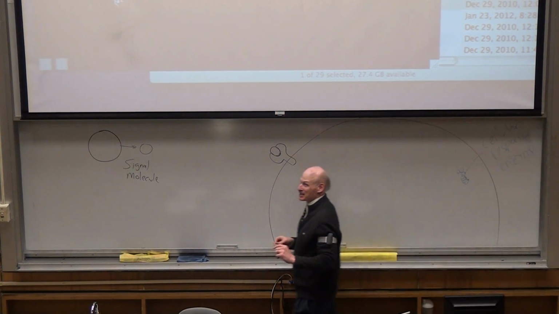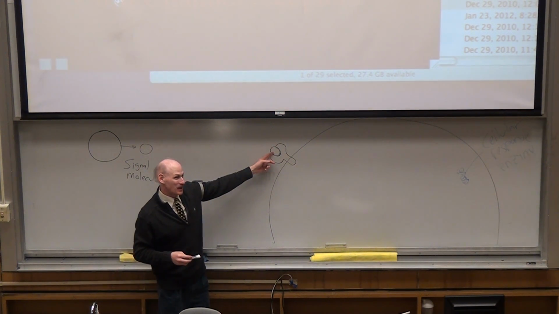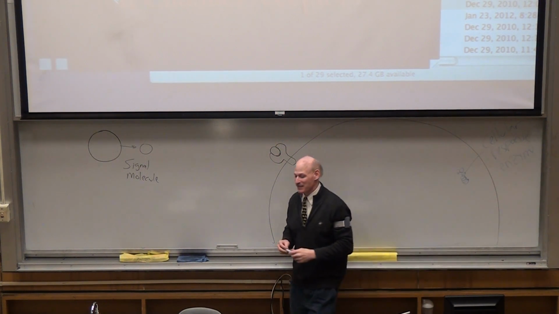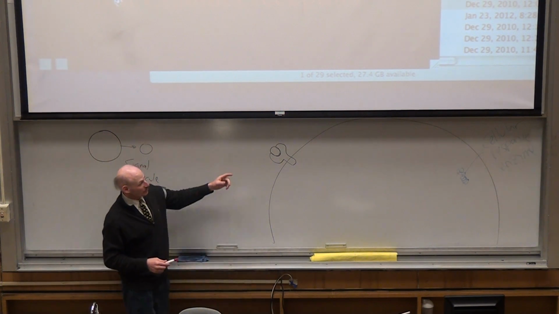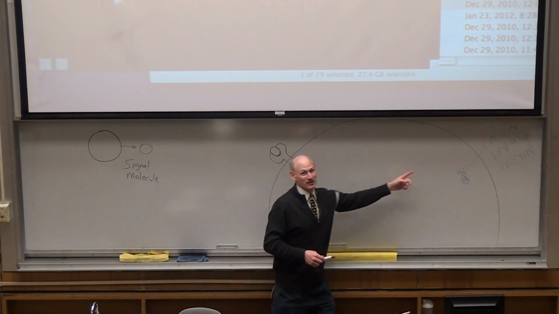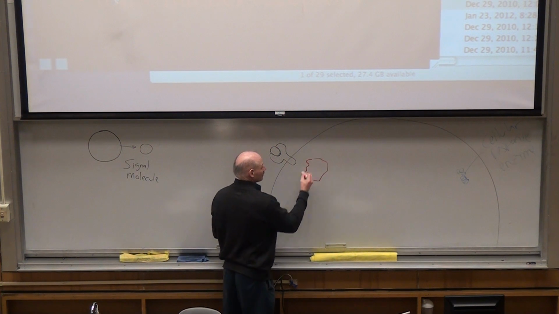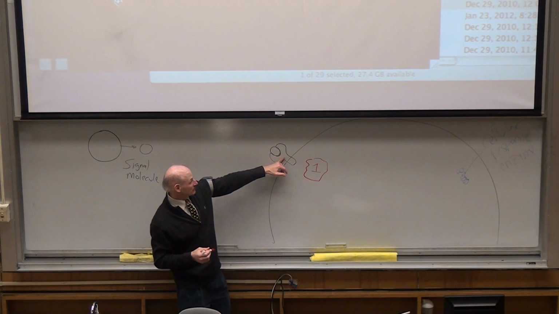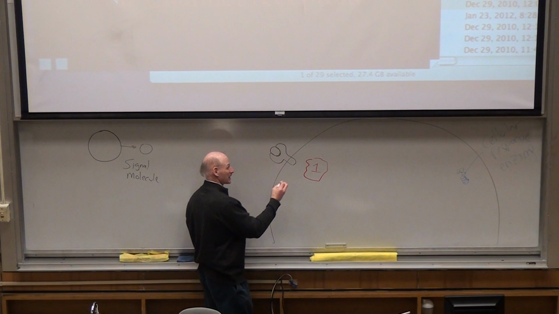But where things get interesting is this. How is it that we go from the receptor binding the signal molecule to activation of this cellular response enzyme? Well, as it turns out, there are a group of proteins called relay proteins that span the gap from the receptor to the cellular response enzyme. Imagine relay protein number 1 right here. When the receptor binds the signal molecule, relay protein number 1 gets activated.